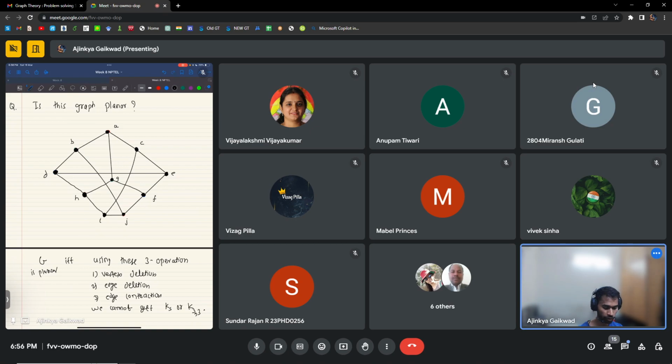But if you can do these three operations on a graph G and construct K5 or K3,3, then the graph is not planar. And if this is not possible, then the graph is planar, right? So now the question is, in this given graph, can you use these three operations and obtain K5 or K3,3?